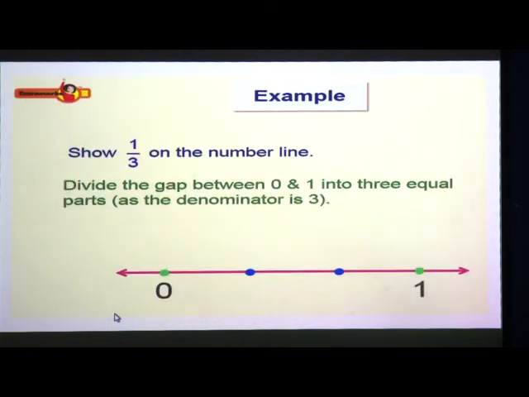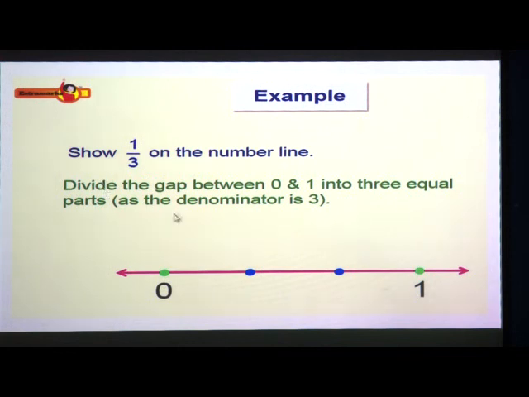Let us see one more example. Show 1 by 3 on the number line. Divide the gap between 0 and 1 into 3 equal parts as the denominator is 3. Now, see here students, we have to show 1 by 3 on the number line.